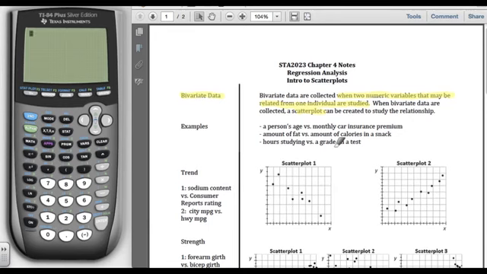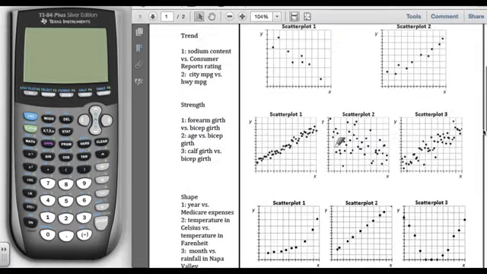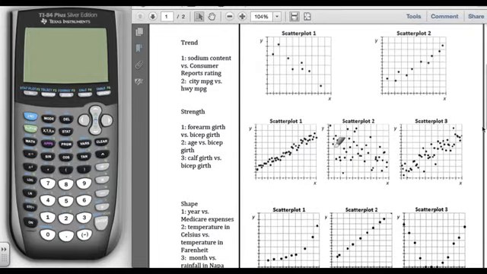When we have this bivariate data and we put it into a scatter plot, we can describe three specific properties for this class. The first property is the trend, and we'll say the data is either showing a positive trend or a negative trend.